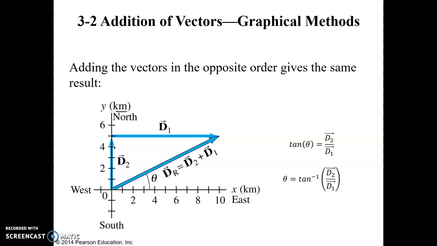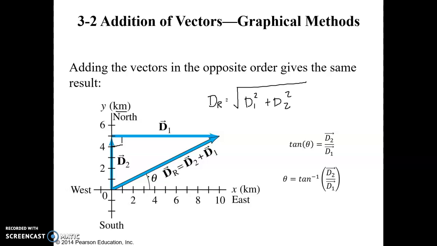So we have them arranged to make a right triangle. Here's the right angle. So the magnitude of the resultant is the hypotenuse. And so to find the magnitude of the hypotenuse, we would use the Pythagorean theorem. So dr is going to be equal to the square root of d1 squared plus d2 squared.